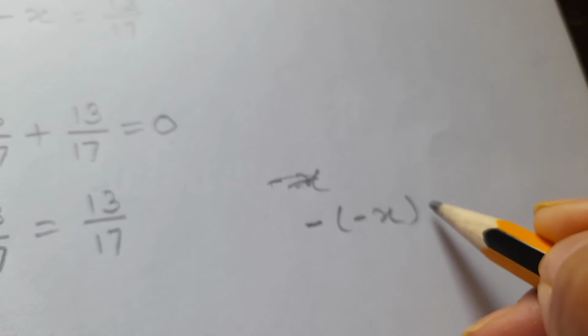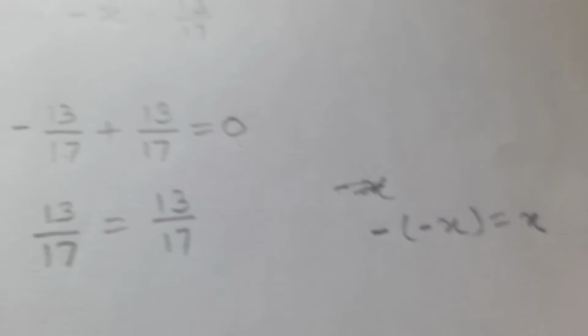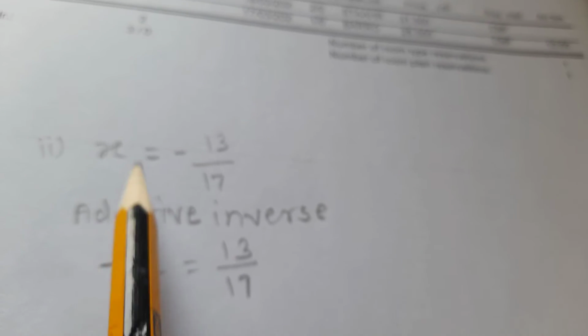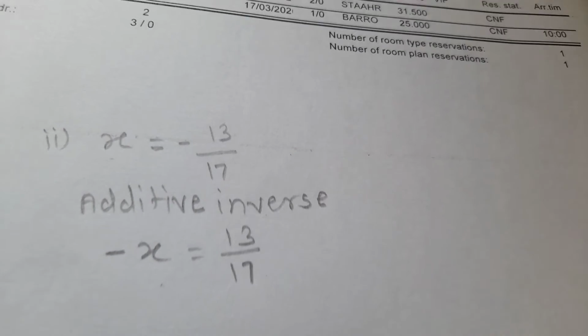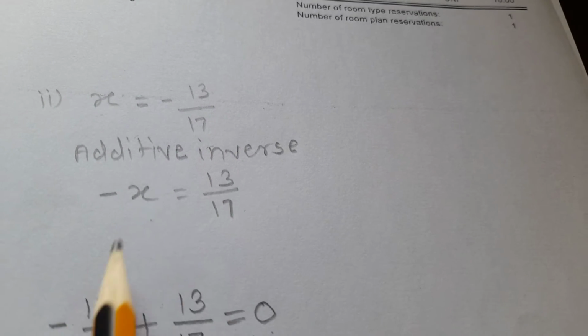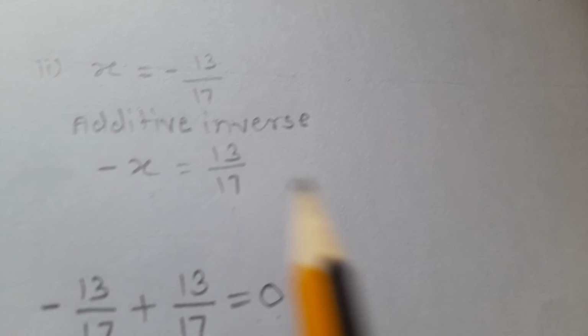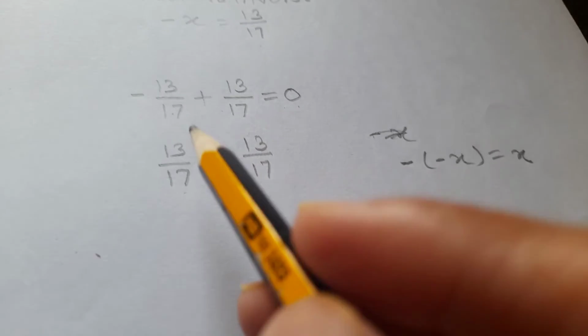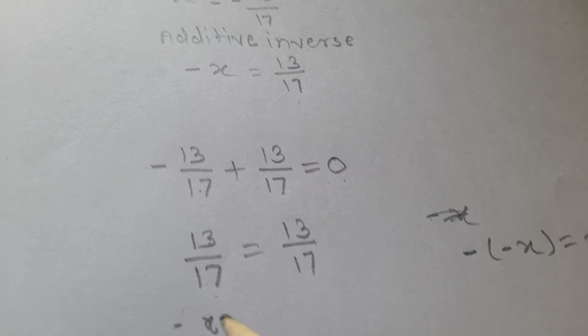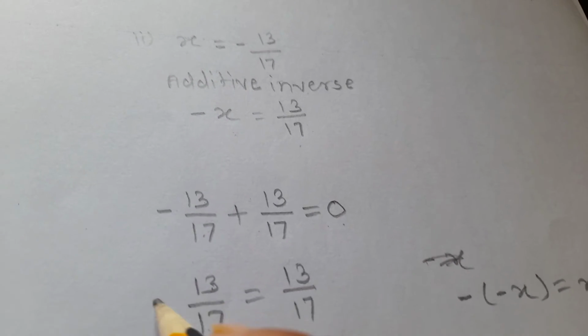We have to verify that minus of minus x is equal to x. Here plus 13 upon 17 is our minus x, because x is minus 13 upon 17. That's why minus x is plus 13 upon 17. Therefore this 13 upon 17 is our minus x.